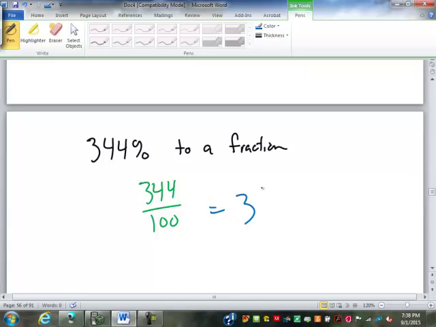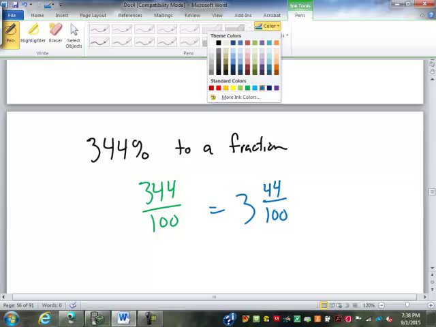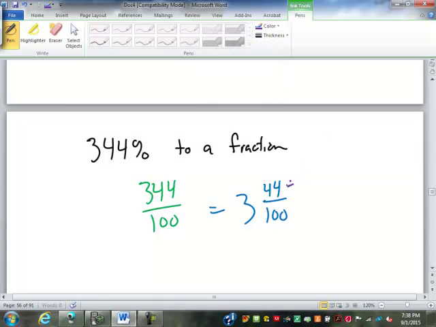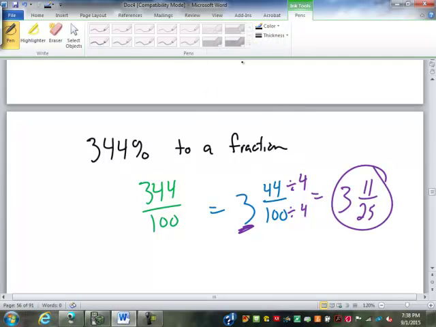That would be 300 with 44 left over. And now we can reduce by 4. Very good. So 44 divided by 4 is 11. 100 divided by 4 is 25. And we cannot forget the 3.